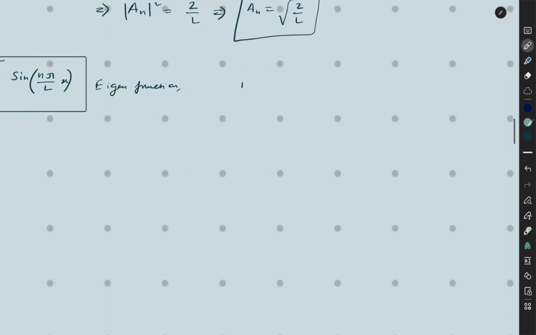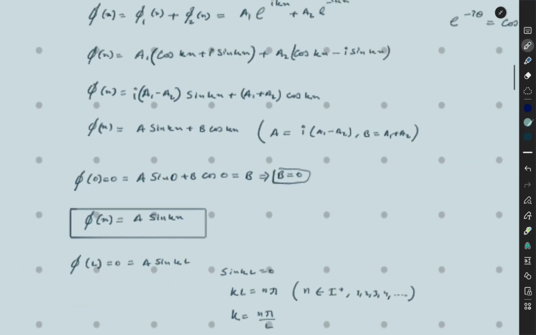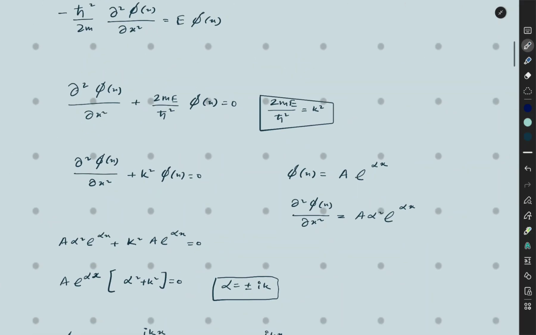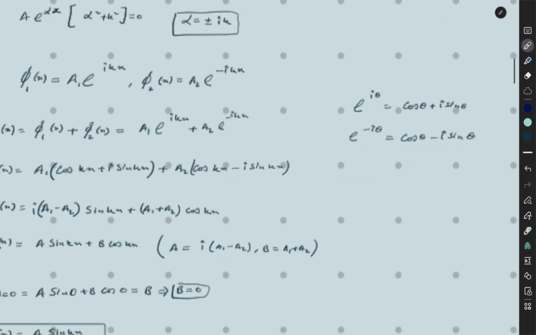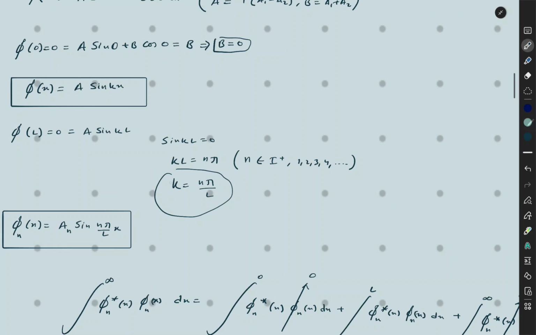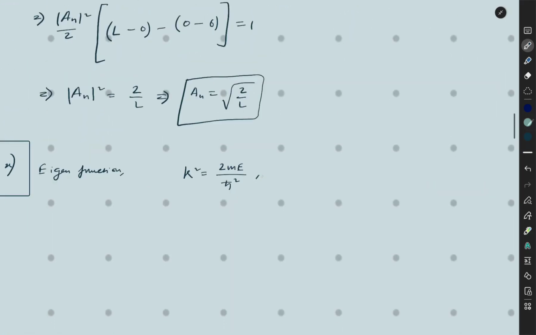We have taken k square equal to 2mE by h cut square, and also k equal to n pi by L. So k square becomes n square pi square by L square.